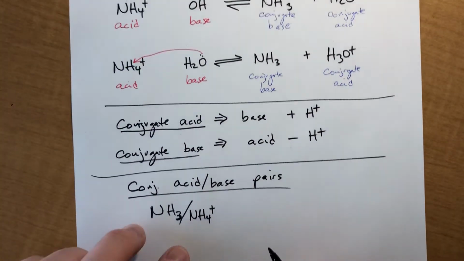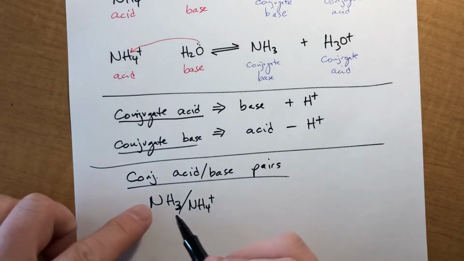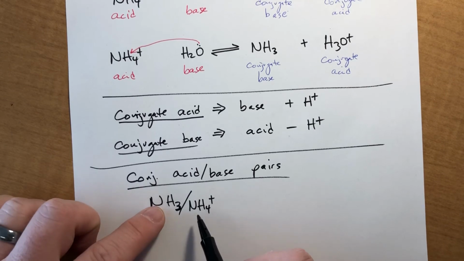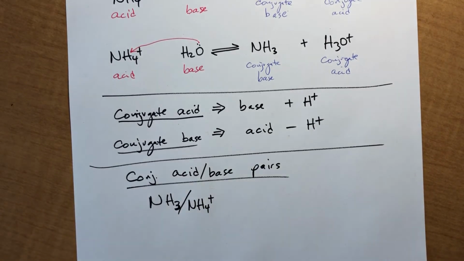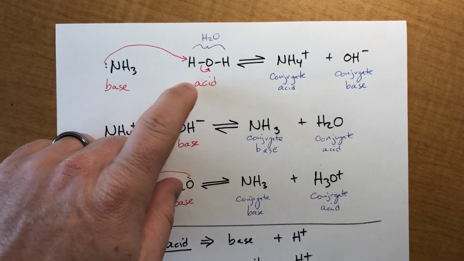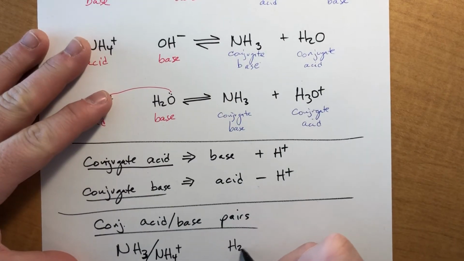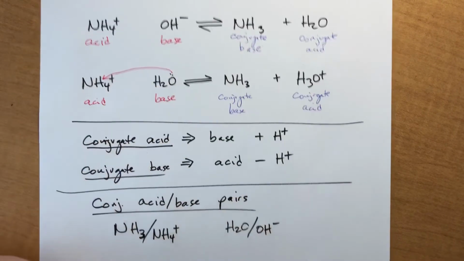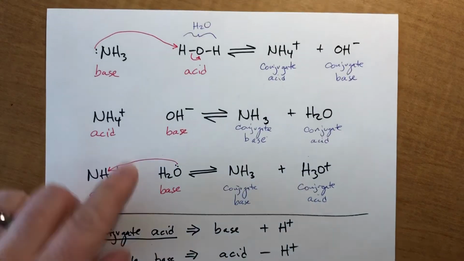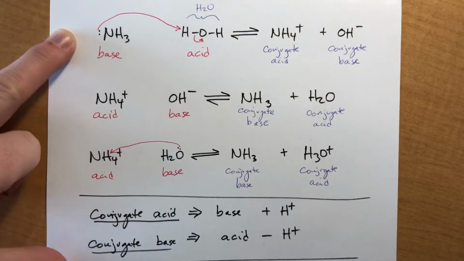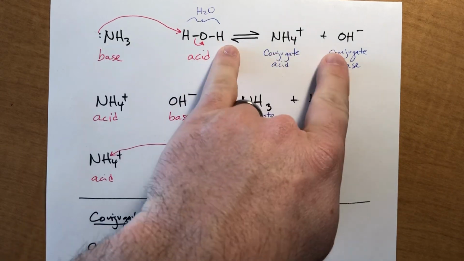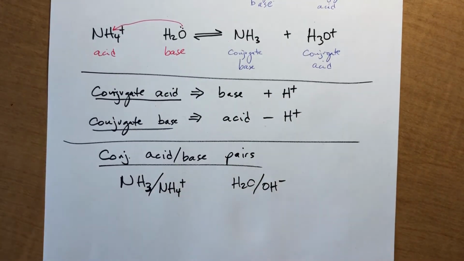It doesn't matter which one is the acid and which one's the base, or whether the acid or the base is on the left or the right, as long as they're paired up, you're good. For this scenario, water was the acid, and the conjugate base is OH minus. So these are the two conjugate acid base pairs for this first example. I can't get them both on the screen at once. So that's one pair, that's the other pair. Being able to keep track of conjugate acid base pairs is really, really useful. We're going to do this pretty much continuously this chapter, well, these next couple chapters.